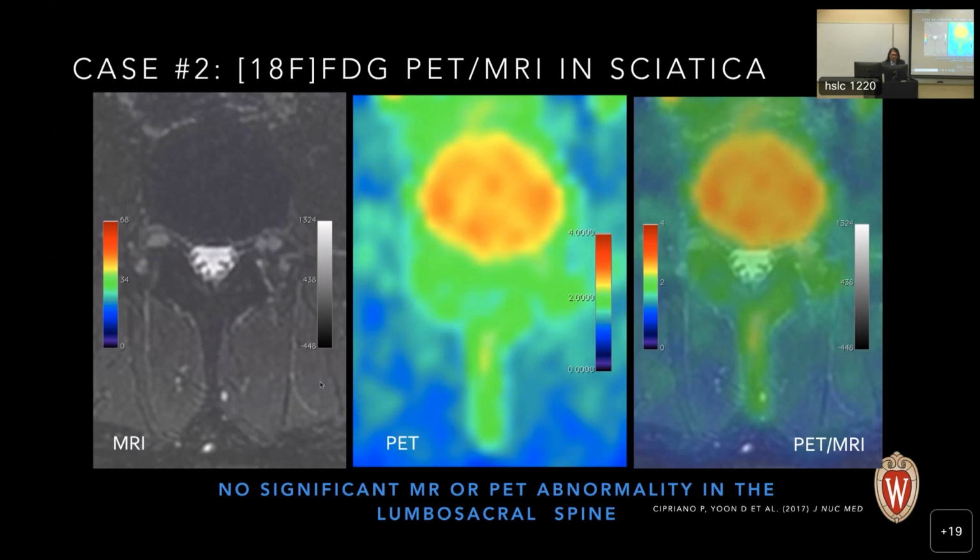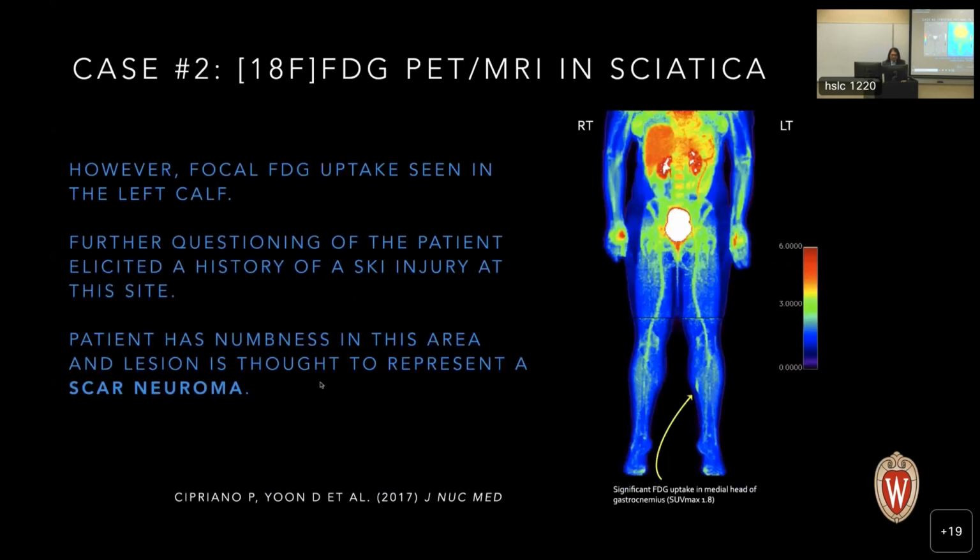But every time we treat her with the transforaminal, she'd feel better. So he just kept doing it for a couple of years. But then enrolling her in the study revealed a lesion here in her calf muscle. As I mentioned, we do a whole body image so as to capture everything going on in that patient. After she got off the scanner, we palpated the skin and she was quite numb there.